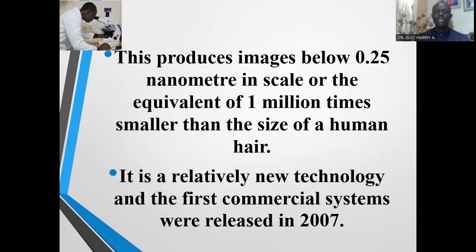This produces images below 0.25 nanometer in scale, or the equivalent of 1 million times smaller than the size of a human hair. It is a relatively new technology, and the first commercial systems were released in 2007.